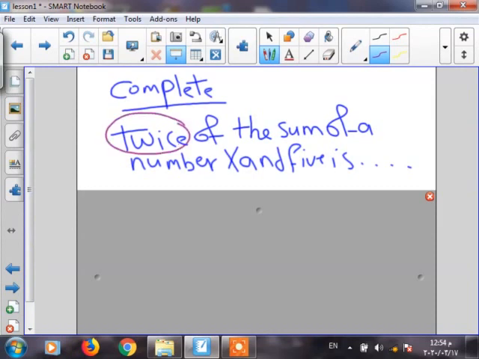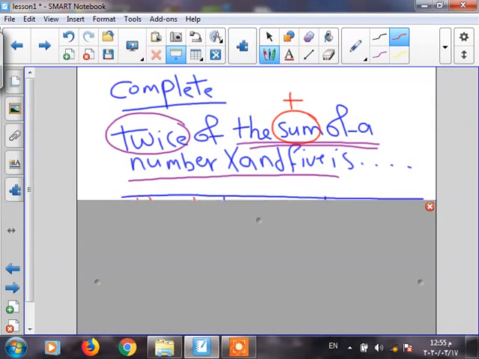I have twice of what? Twice of the sum of the two numbers. The first number X and the second number is 5. So, number one, I will hide this twice. And I will get what? Get the sum. What the meaning of this word? The sum meaning plus. Plus of what? Plus of the first two numbers X and 5. So number one, I will get the sum X plus 5 in the first. Number one, I get X and the sum meaning plus.